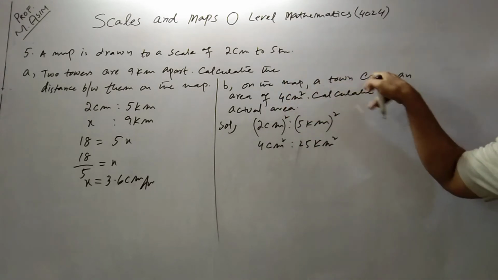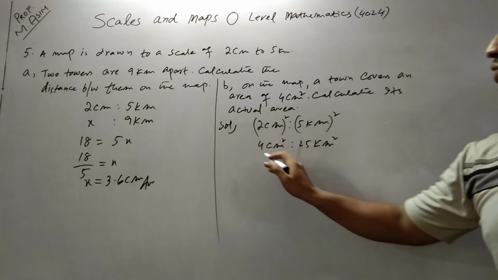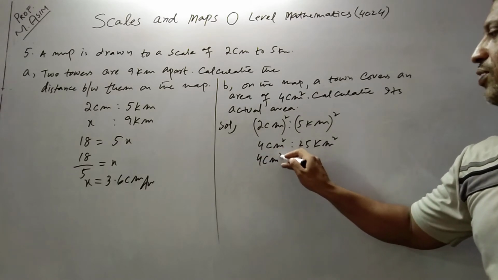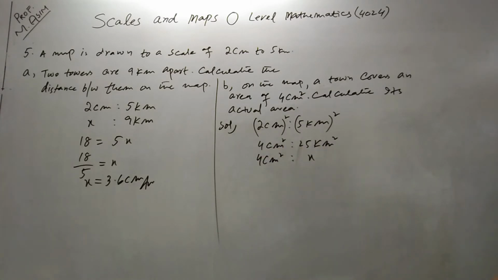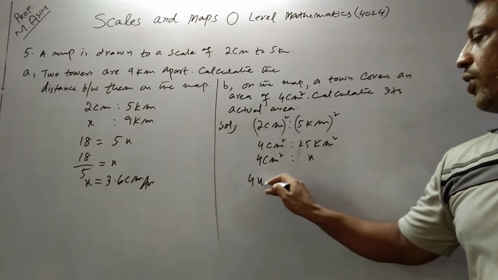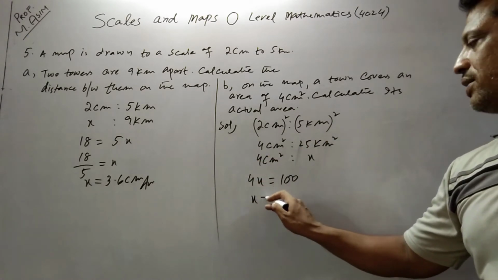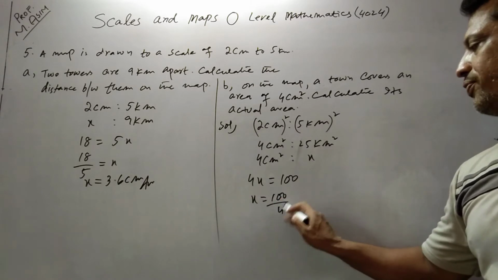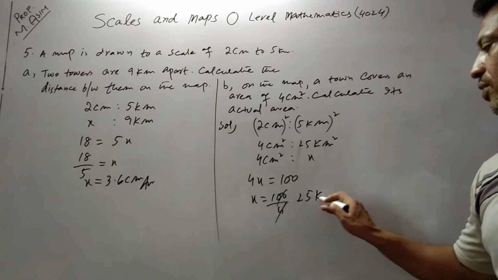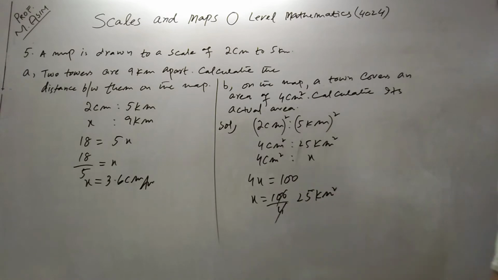On the map, a town covers an area of 4 centimeter square. So this is 4 centimeter square and this is x. So x by 4 is 4x. 4 by 25 is 100. Then x is equal to 100 upon 4, which is 25 kilometer square. I hope you understand. Okay.